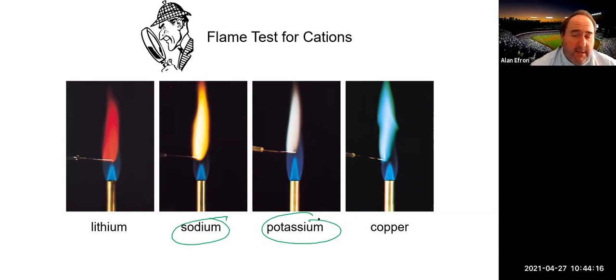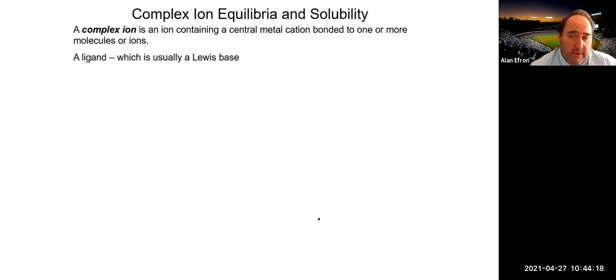So the next thing we're going to talk about is another equilibrium type situation. And this actually has to do with what is referred to as complex ions. And complex ions contain a central metal cation that's bonded to one or more molecules or ions. A ligand is usually a Lewis base.